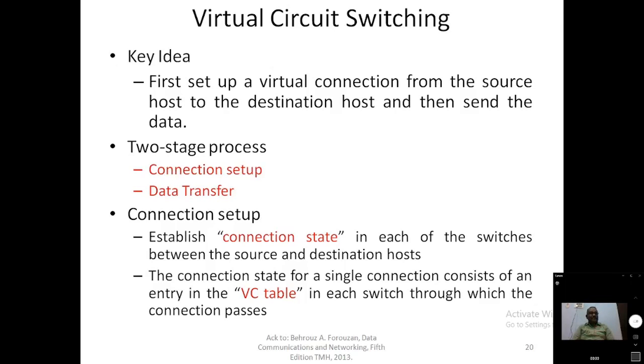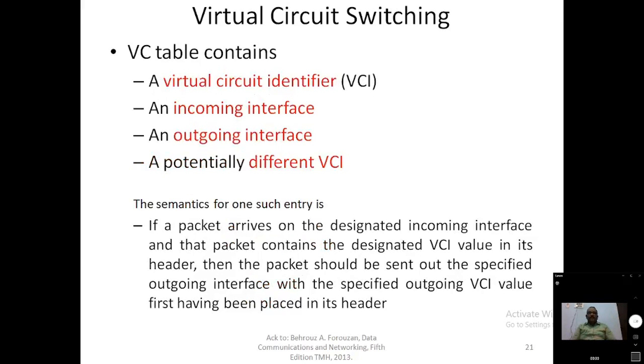So when we look at the connection setup, it establishes the connection state in each of the switches between the source and destination host. The connection state for a single connection consists of an entry in the virtual circuit table. Simply we can say it is the VC table in each switch through which the entire connection passes from source to destination. And what information does the VC table contain?